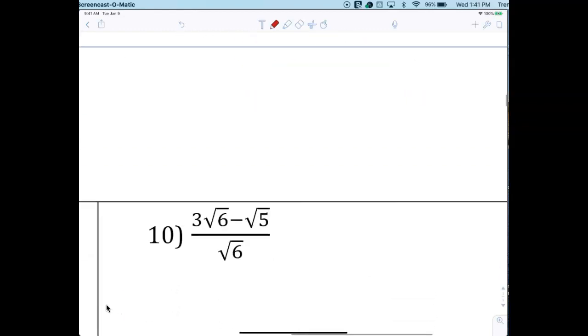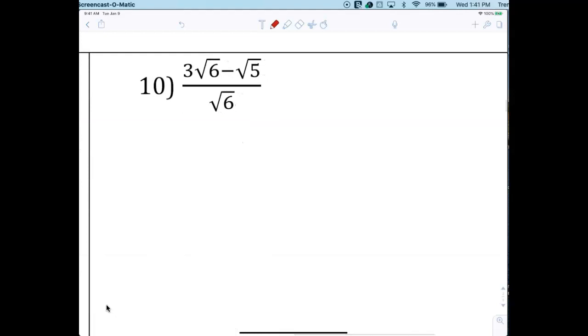Here we go. Number 10. What am I doing? Radical 6. That's it. It's the same problem. Multiplying the top and bottom by radical 6. So when I multiply, what's radical 6 times radical 6? 6.